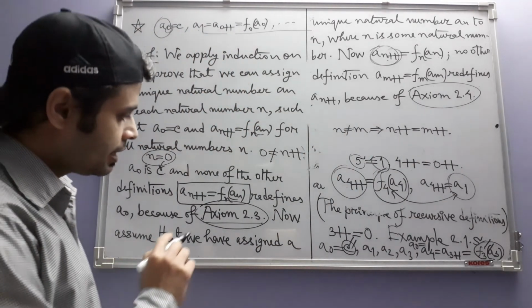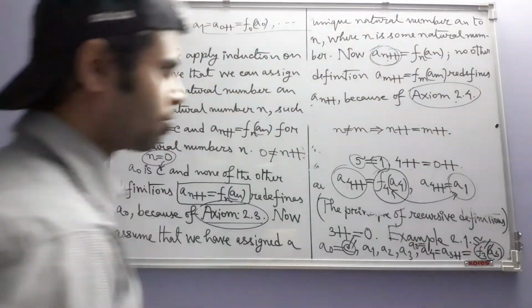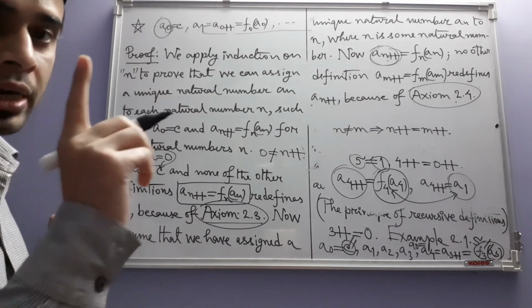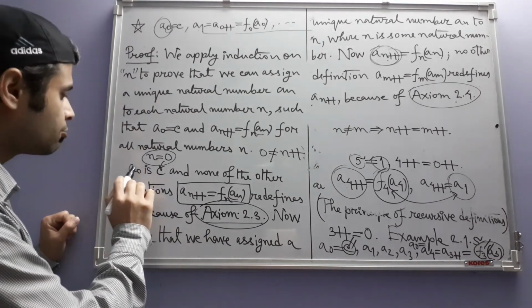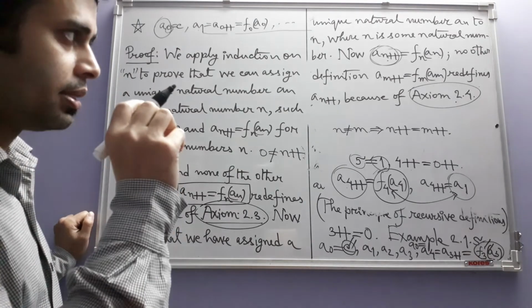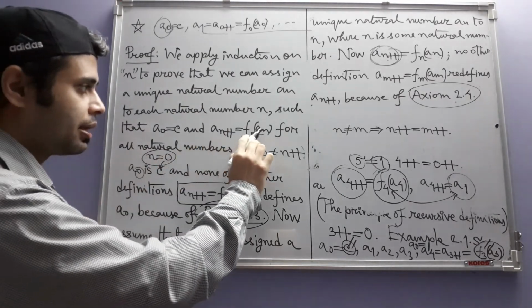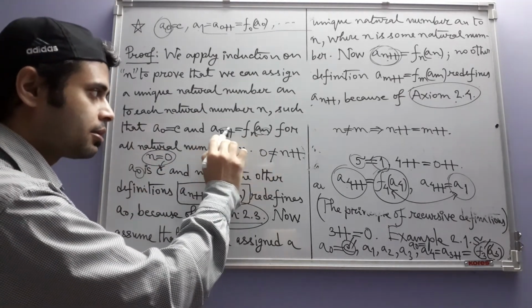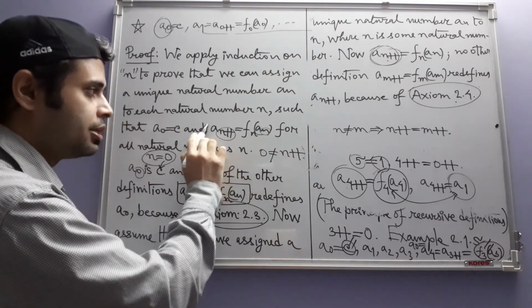Okay, so you see that we have used axiom 2.3, we have used axiom 2.4. What about axiom 2.1 and 2.2? They have already been used because to speak of 0, we need axiom 2.1, that there is a natural number called 0. And for every natural number n, it has a successor n plus plus. So axiom 2.2 has also been used here.